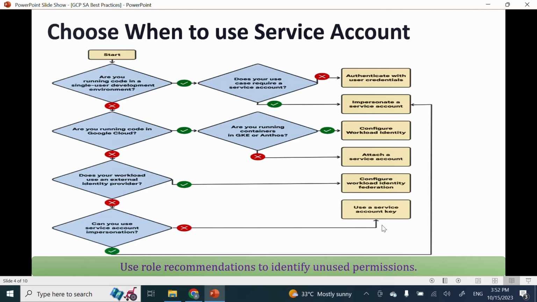Now coming back to the left side, does your workload use an external identity provider? Yes. Then please configure workload identity federation. Fourth box, can you use service account impersonation? Yes. Then go and impersonate a service account. Do not use a service account key.